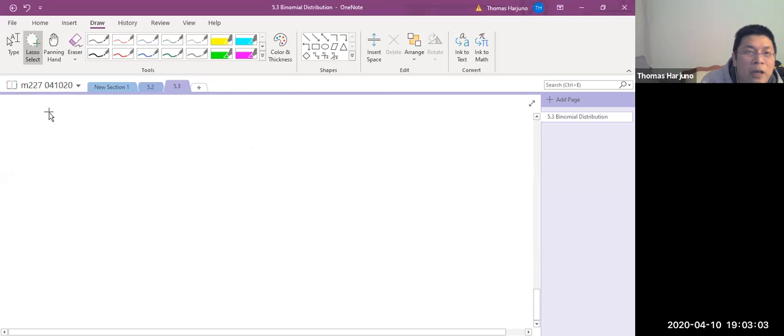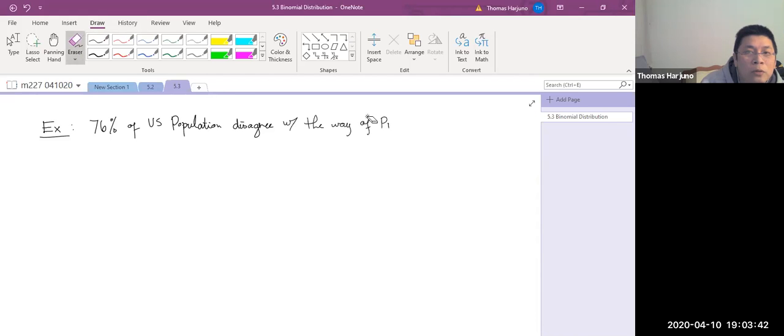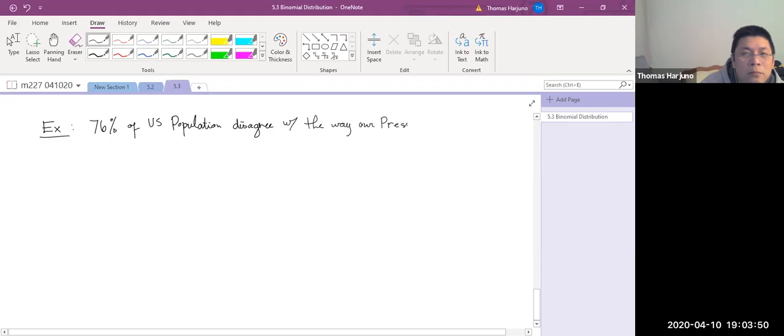Suppose, for example, and we say 75, maybe 76%, just make it a bit uglier. 76% of the US population disagree with the way our president handles COVID-19, this pandemic.